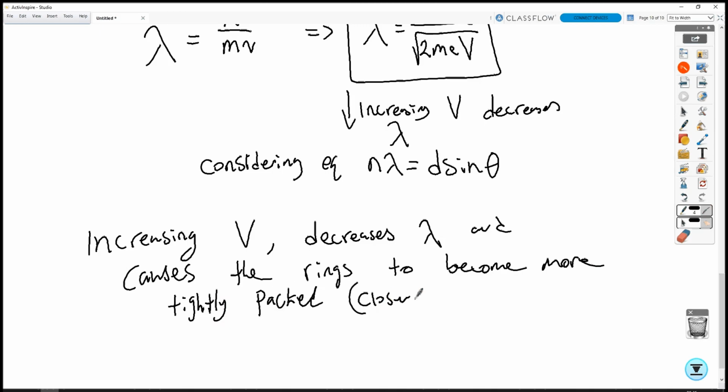Or we could say closer together. Because theta decreases. And that's the end of 12.2.5.